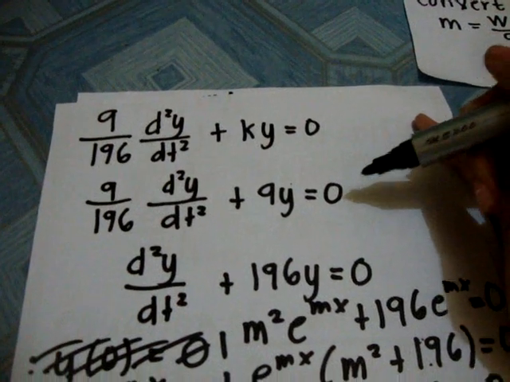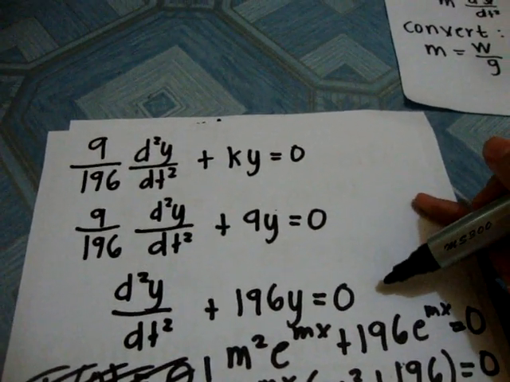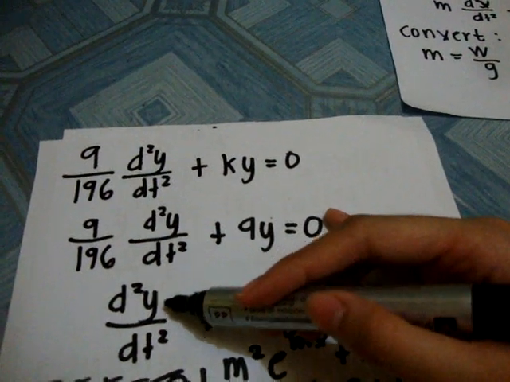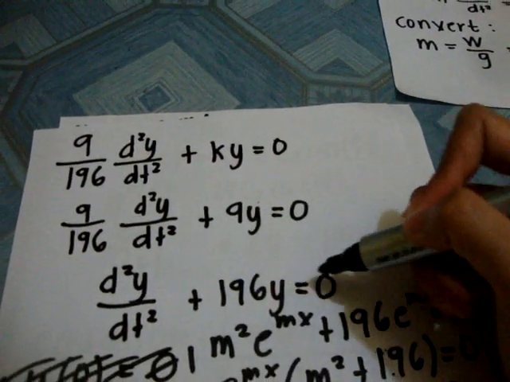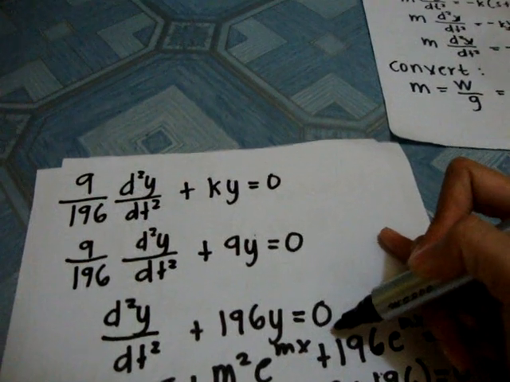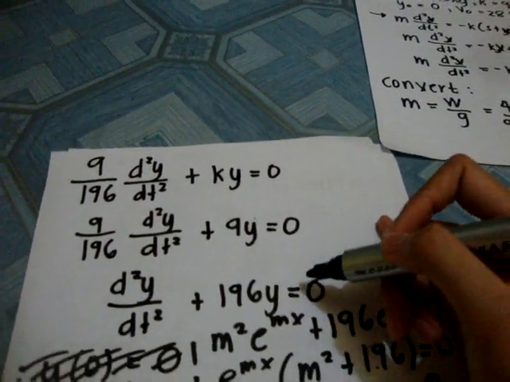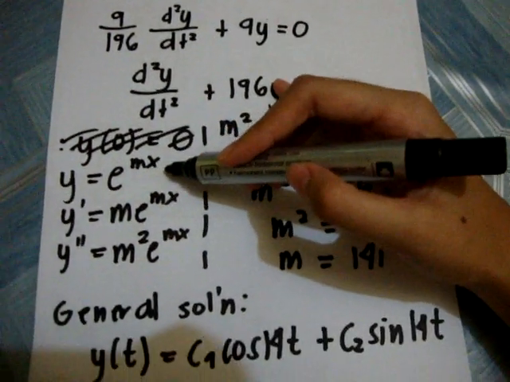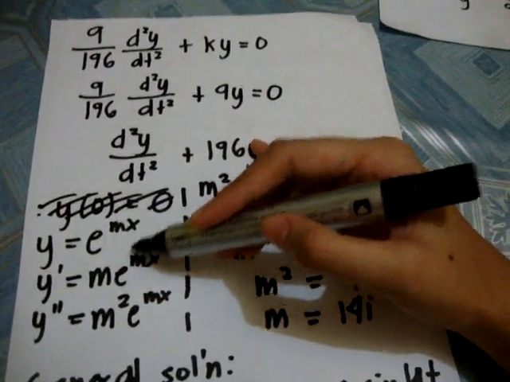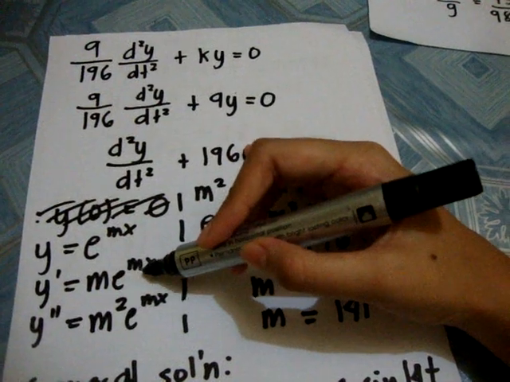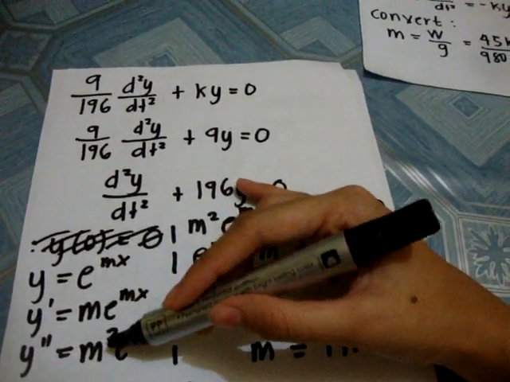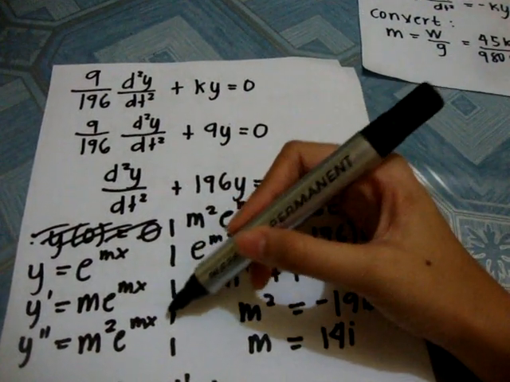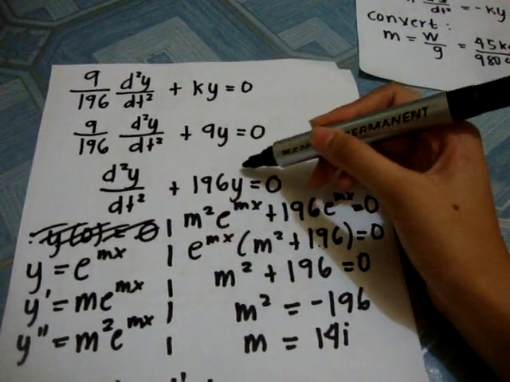Dividing by the mass m, we obtain the second order differential equation, which is the second derivative of y with respect to t plus 196y is equal to 0. We now find a particular solution where we let y is equal to e raised to mt, y prime is equal to m e raised to mt, and y double prime is equal to m squared e raised to mt. We now substitute this into the equation.